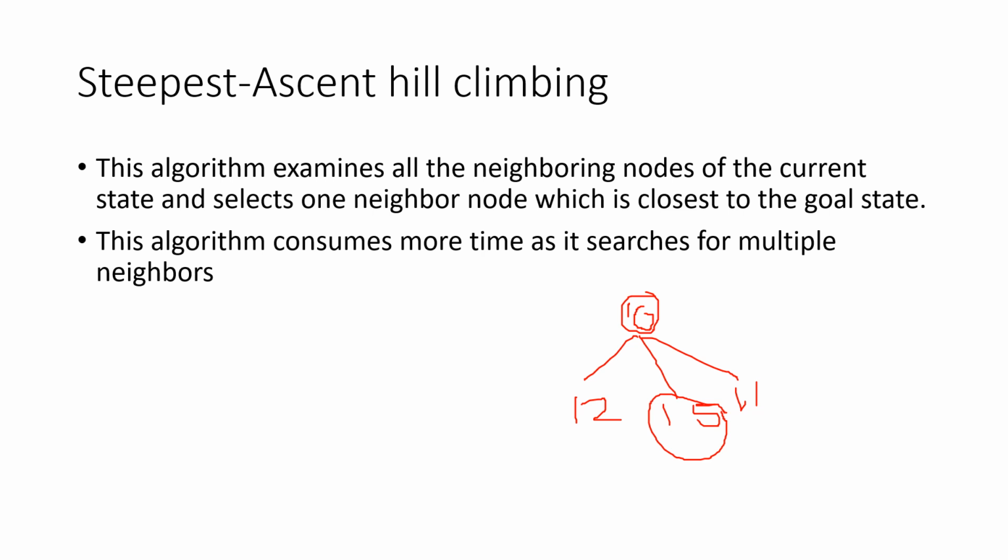Simple hill climbing moves in the first direction that goes up. But steepest ascent checks all directions and chooses the one that goes up the most. So steepest ascent hill climbing evaluates all the neighbors and moves to the one with the highest improvement, making it more accurate but slower than simple hill climbing.